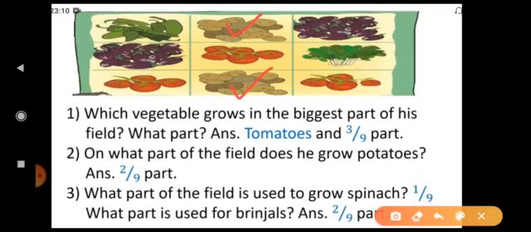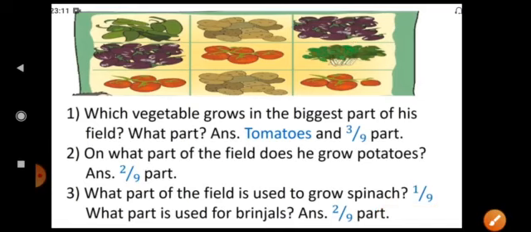So its fraction will become 2 upon 9. Now the third question, what part of the field is used to grow spinach? As we can see in the picture, spinach is in only one part. So its fraction will become 1 upon 9.